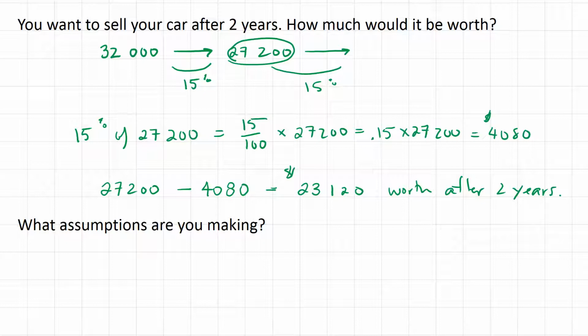Now, what assumptions are you making? Well, what we're assuming is that this depreciation rate stays the same every year. And if you talk to anybody that's involved in the car sales business, they'll tell you actually the first year it depreciates an awful lot, and then the second year it gets less and less. So we're assuming it's the same, when in actual fact that's not the case.